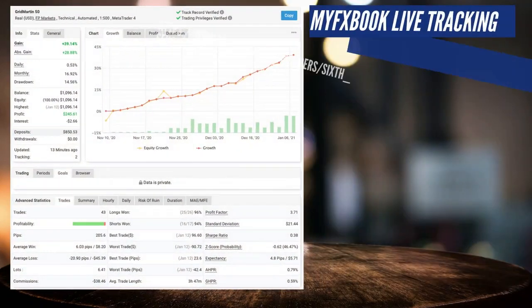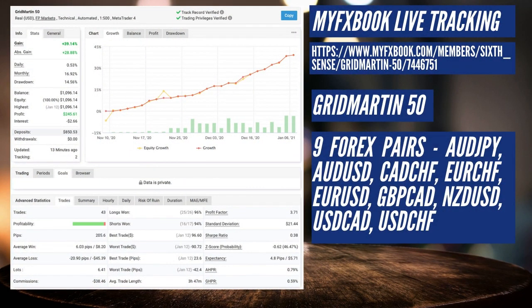Now onto the other live tracking on MyFXBook. This one's quite interesting because he actually is running 9 forex pairs on this, and I don't see all these set files on his website, which is a shame because this one is higher in terms of percentage return. It's 39% versus 27% from the one previously, and the drawdown here is also a lot lower.